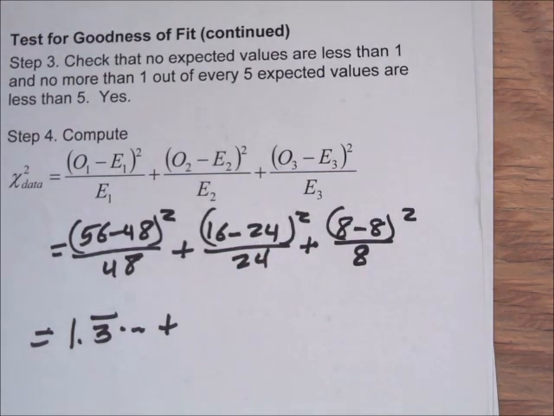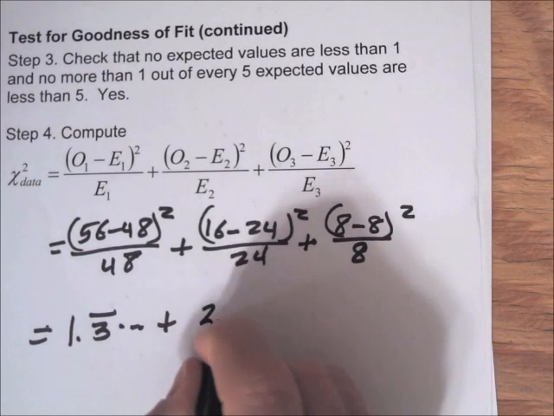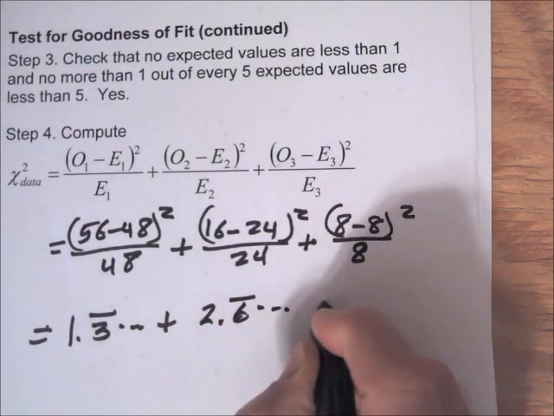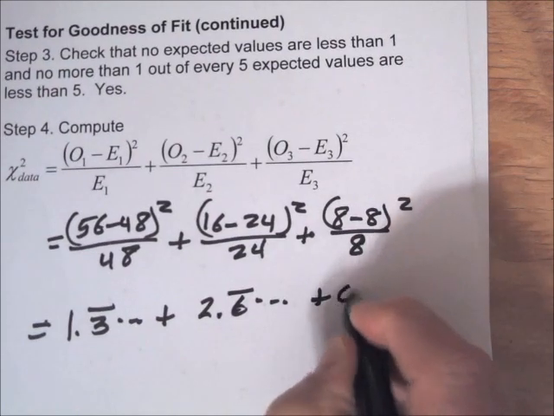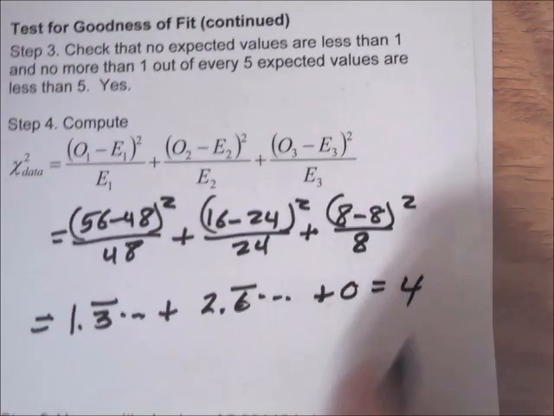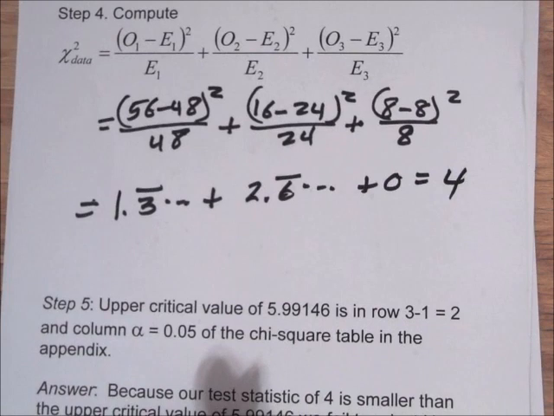But this time we're dividing by 24. So negative 8 times negative 8 is a positive 64. 64 divided by 24 is 2.6 and repeating 6's. So I'll just put a bar over the 6. And 8 minus 8 is 0, so that's 0. So if we add these up, we get our test statistic is 4.